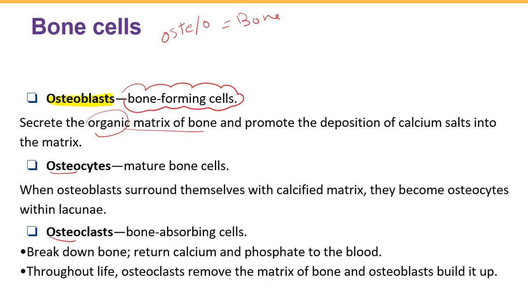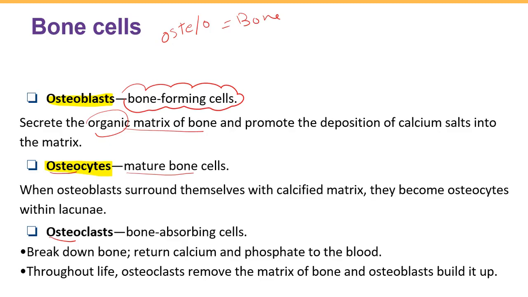And then we have osteocyte. Do you remember we said in osteon we can find cells inside of a house? It's called lacunae. These are osteocyte. Actually, these are mature bone cells. It means that they cannot divide and also they cannot produce the bone matrix, but they are actually there to maintain the bone matrix. So whenever osteoblasts produce the bone matrix, they're going to be trapped inside of the bone matrix, and then that matrix would be calcified.